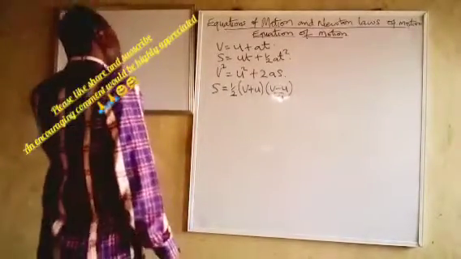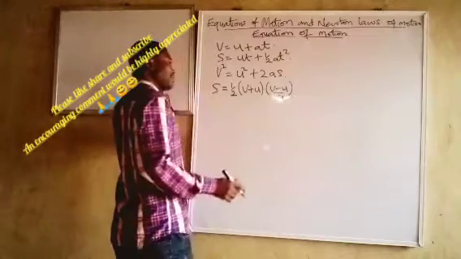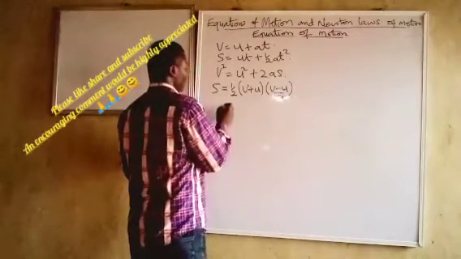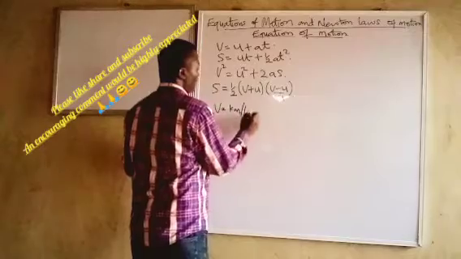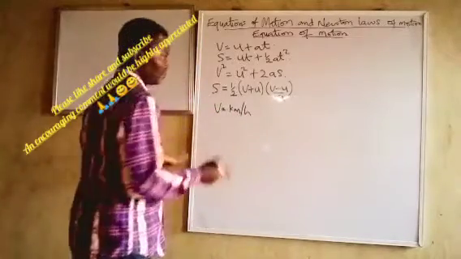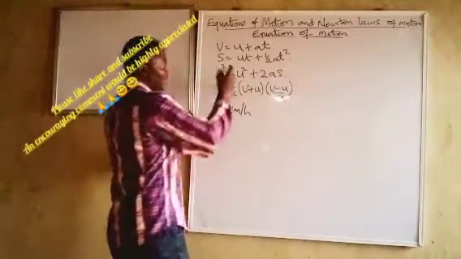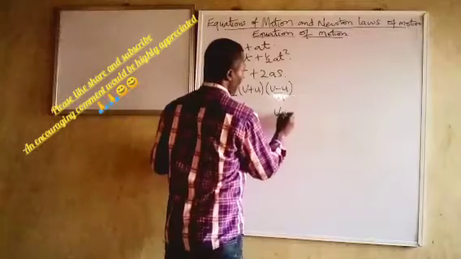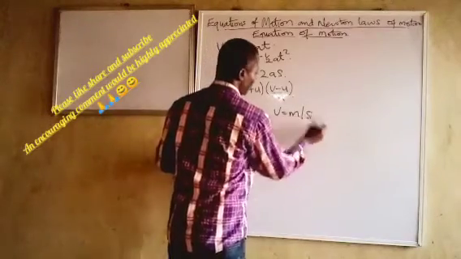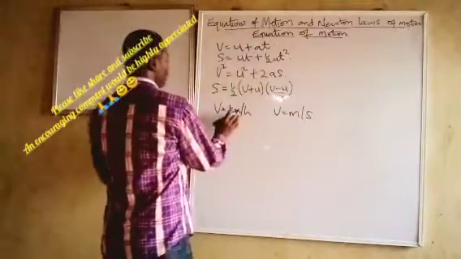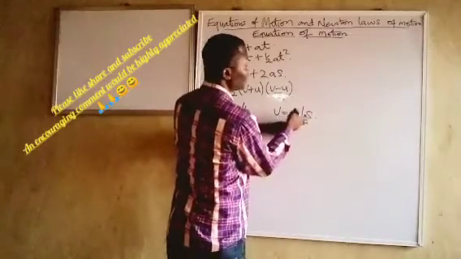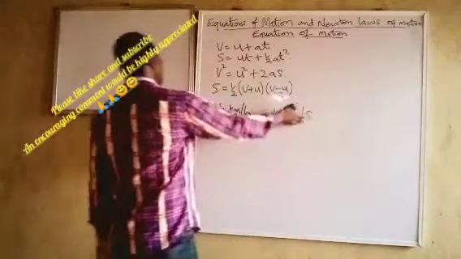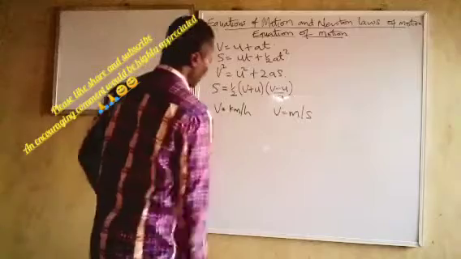Another thing that came to my mind now is that sometimes we have questions where we are given velocity in kilometers per hour. But normally, the standard unit is meters per second. So we might need to convert this one to meter per second. Or sometimes we might be required to convert meters per second to kilometers per hour.